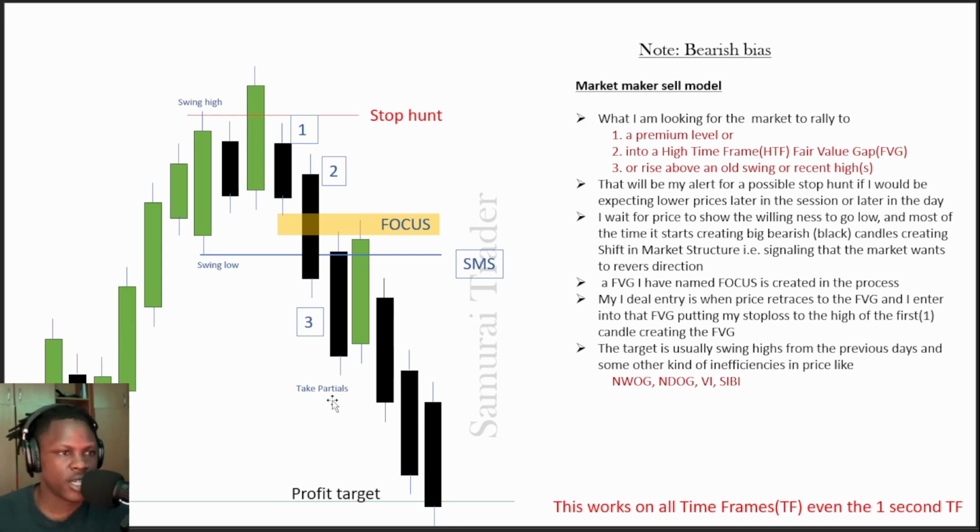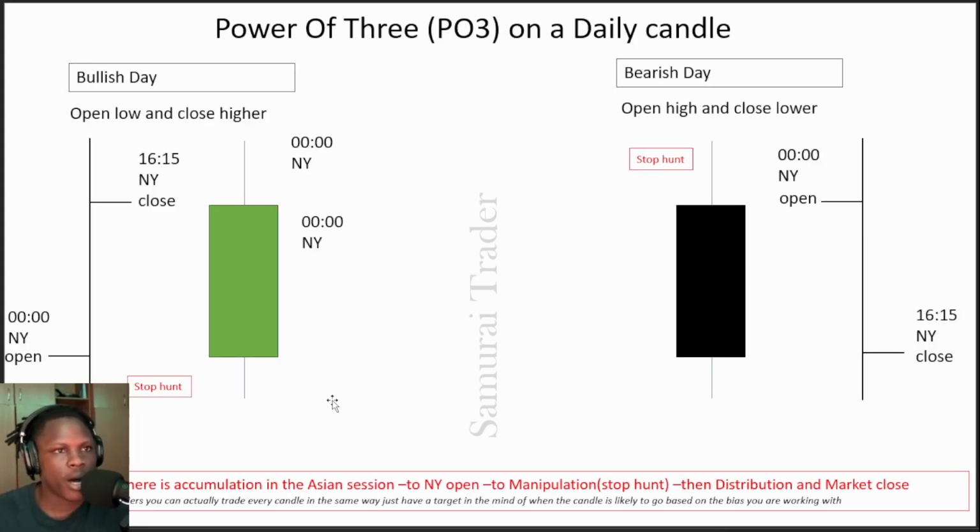So this strategy actually comes from the power of 3. So what's the power of 3? I'll talk to you in the next slide. This is the power of 3 on a daily candle. What happens is we have the New York midnight open. What price does, from the Asian session, usually in the power of 3, there's accumulation, manipulation, and distribution.